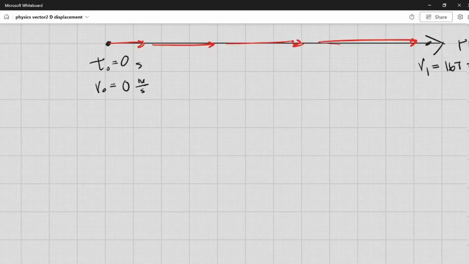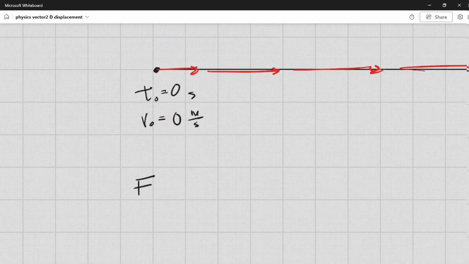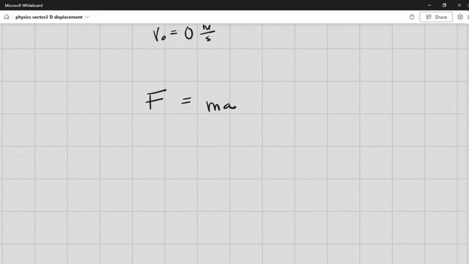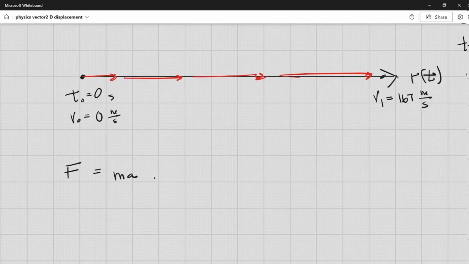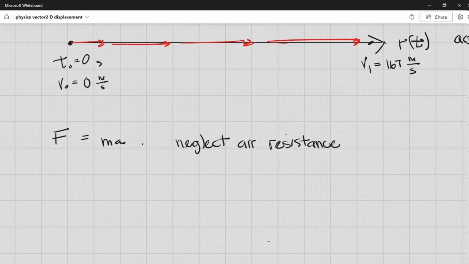But the best way to go about this here is to draw a free body diagram. We are going to neglect air resistance. This problem is simply to show the mechanics of how the equations of kinematics play into the kinetic equations of force.